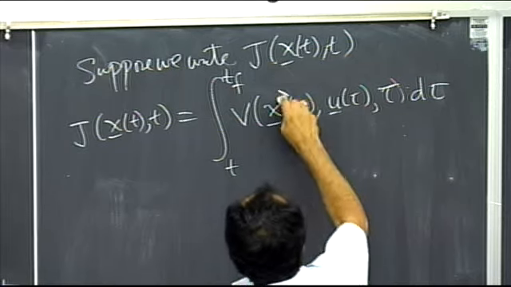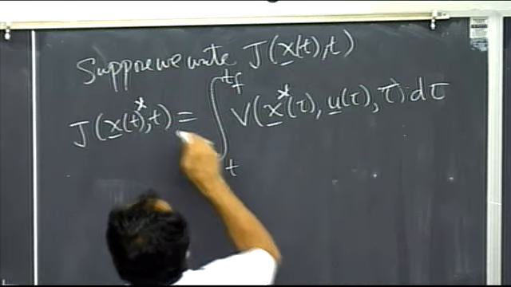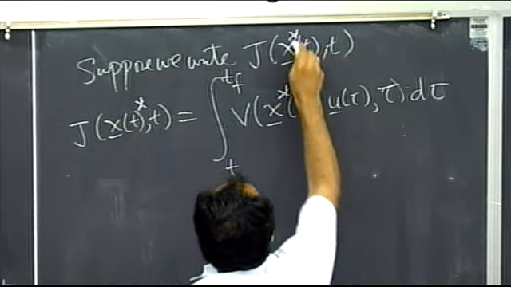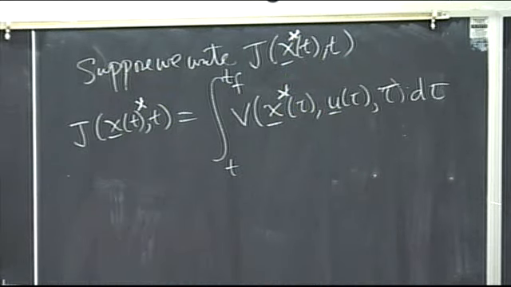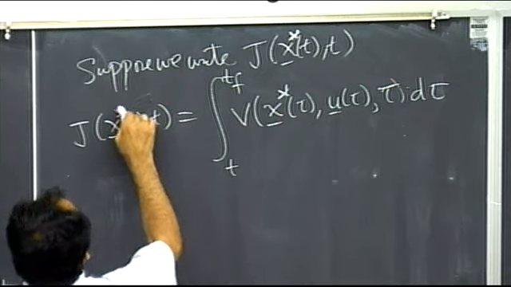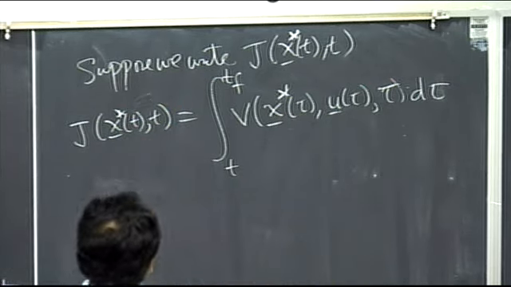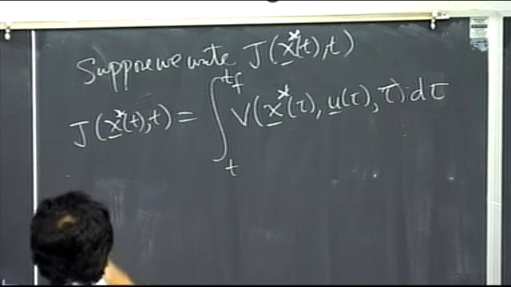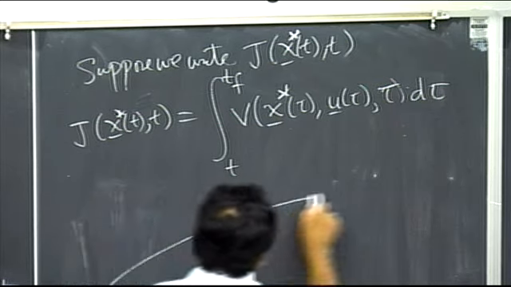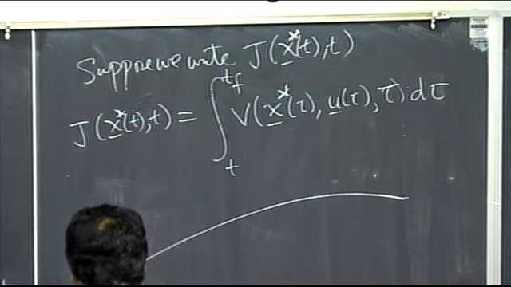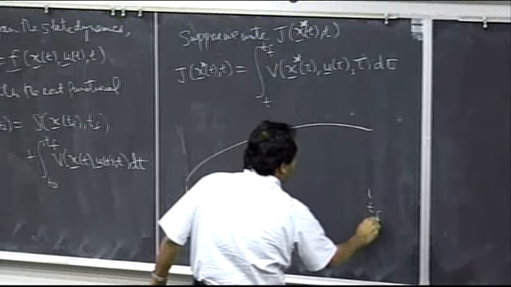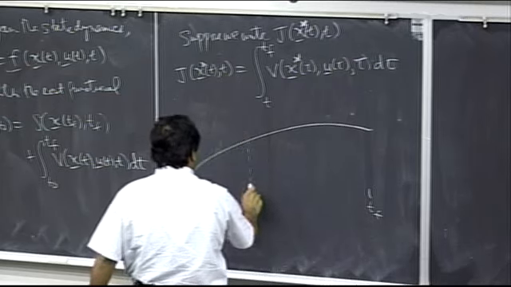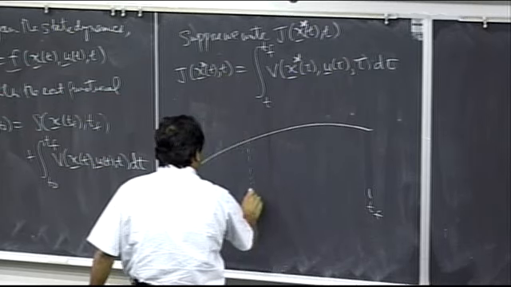Now, let's suppose that I've generated the optimal solution from t to tf. If I'm looking at this trajectory, there's t0, there's tf, and here's t, sitting somewhere in between.